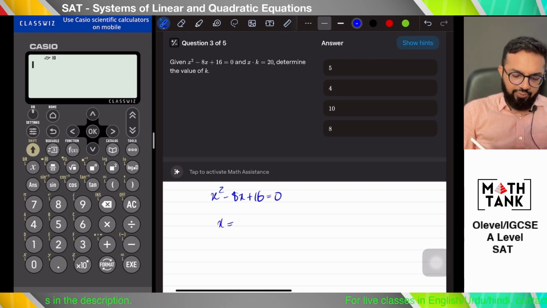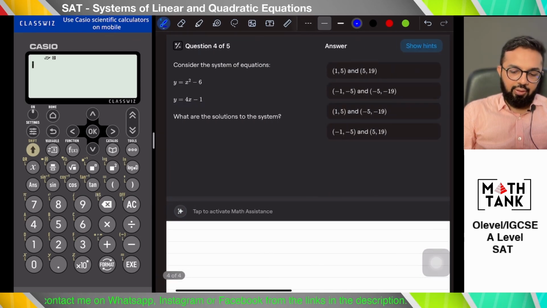So x equals 4, when I solve this on a calculator. So 4k equals 20 and k is therefore equal to 5. I don't need to make it more complicated. That should be the correct answer.